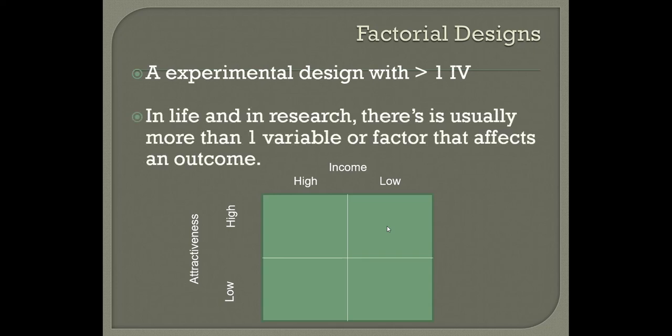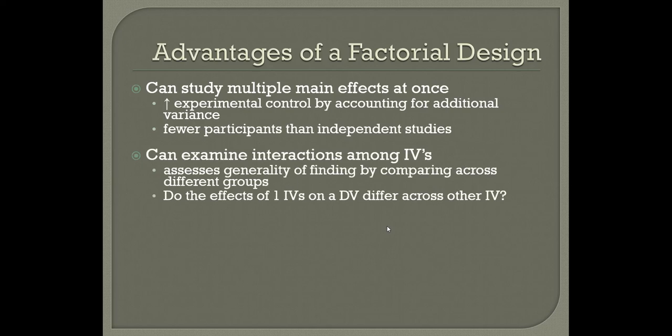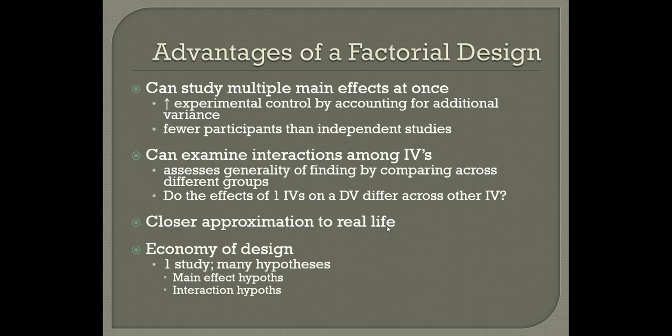In life and in research, there's usually more than one variable or factor that affects an outcome. That's why it becomes important to look at more than one independent variable at a time, and also to look at how those independent variables might interact to predict or cause an outcome or dependent variable. So what are some advantages of having multiple independent variables?